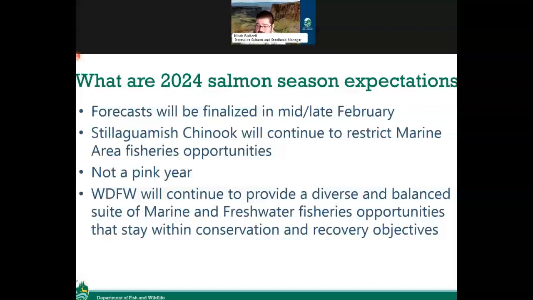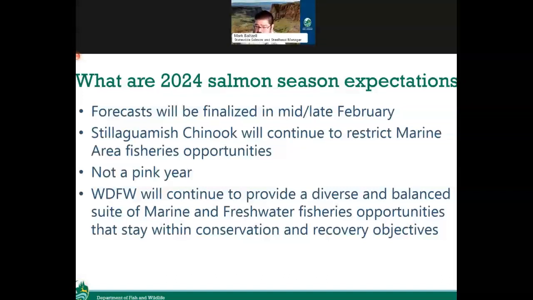We expect to finalize those with our co-managers by the middle of February and have them out during our forecast presentation early in March. I think it's fair to say that Stillaguamish Chinook will continue to restrict marine area fishing opportunities, as they have in the most recent 5 to 6 year period.